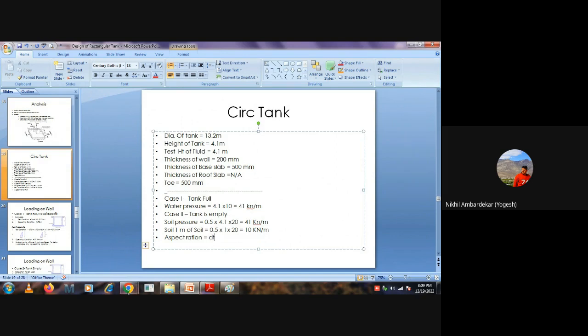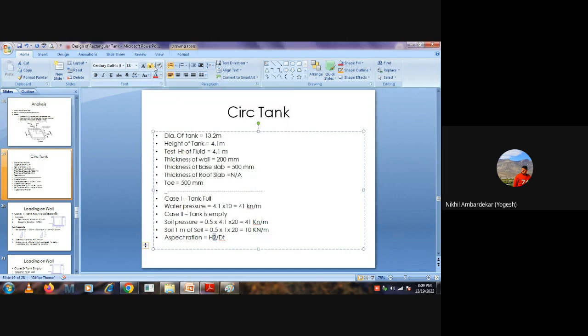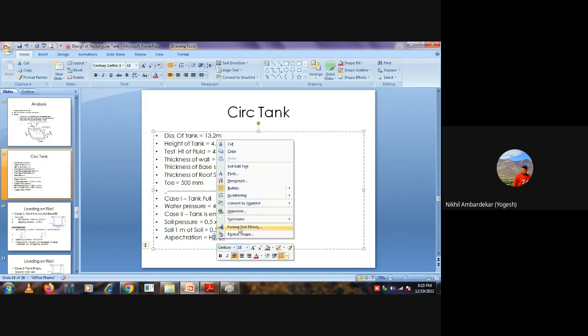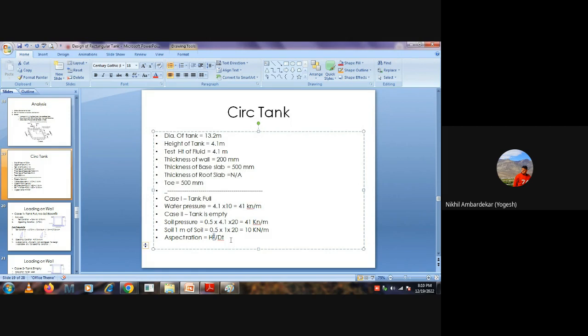h square by dt. Can you calculate? Tell me, you have everything in front of you.